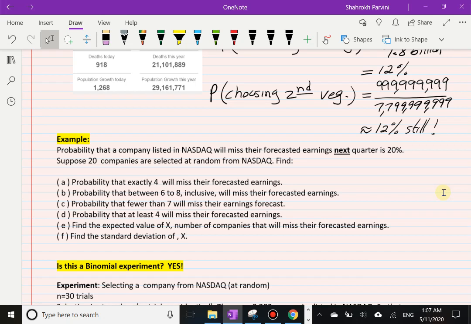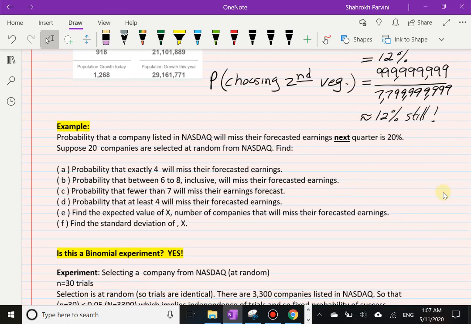That means repetition of the experiment, so we have n trials. The selection is at random, so the trials are identical. Identical means however you conduct the experiment, you conduct it the same way as you move from subject to subject, or from item to item.